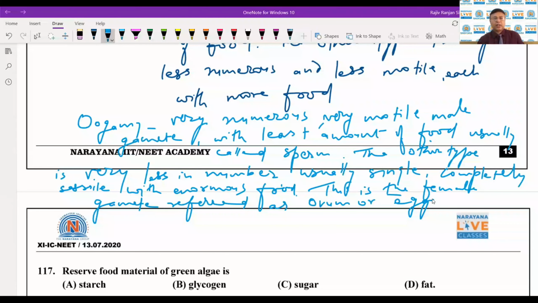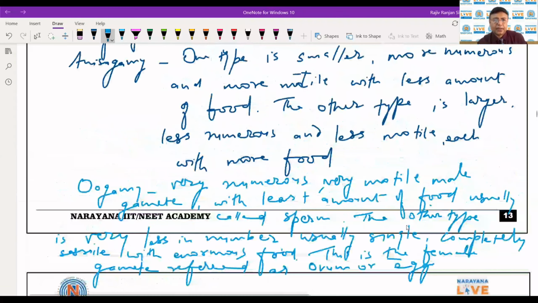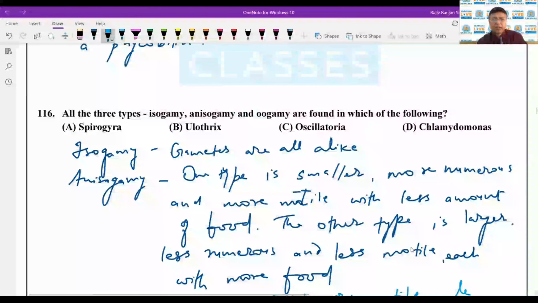So now let's see which of the following has got all the three types of gamete formation. In this case, the correct answer is Chlamydomonas. D, Chlamydomonas is the correct answer.